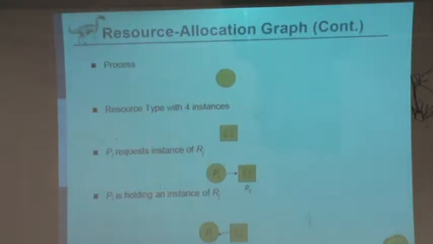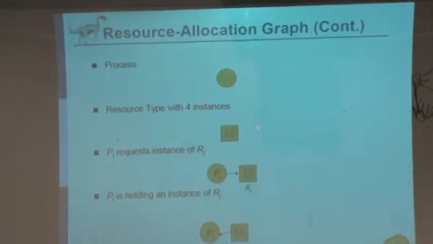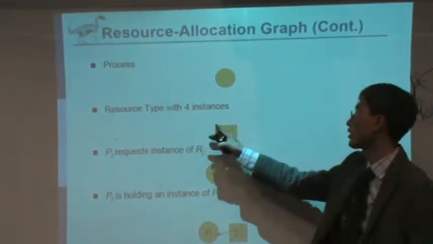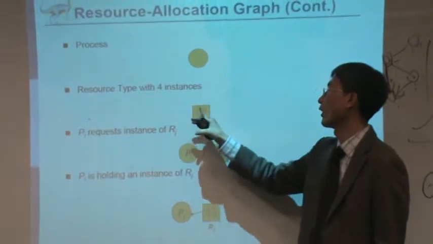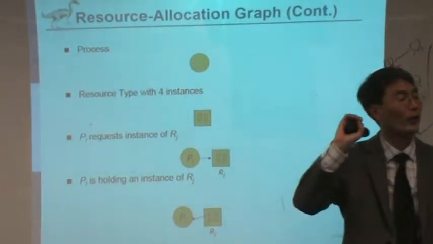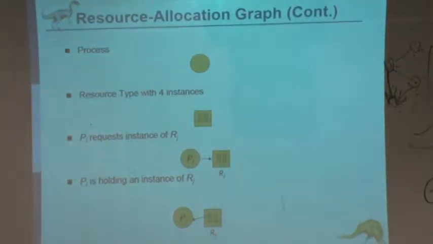Oh, by the way, what if we have multiple instances? For example, this is a hard disk drive. I have 4 hard disk drives: hard disk drive 0, 1, 2, 3. At that time, you can use the small rectangle inside the resource. And this is a process. This one means process Pi requests.